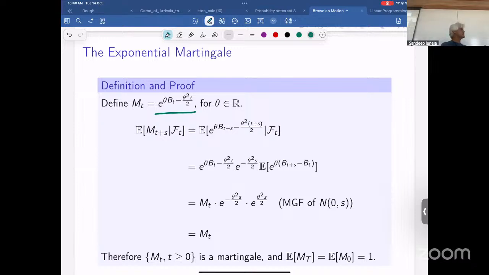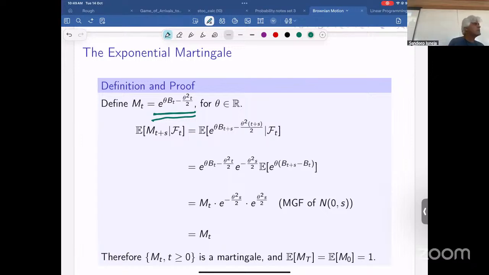The exponential moment is a moment-generating function, and we know what that is. So the claim is I can find the exponential of theta times B of t, evaluate that moment, and then normalize with it, and what I get is a martingale. So this process here is a martingale.